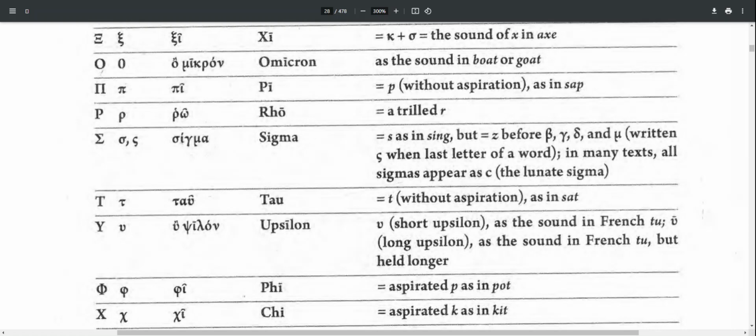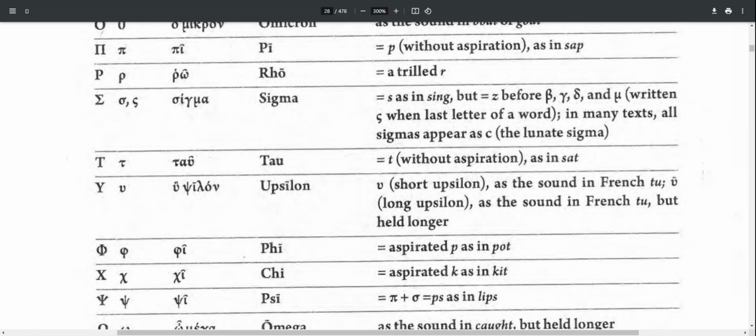So you have short U and long U, short upsilon and long upsilon. It's the same sound as tu in French, but held longer. So upsilon can be a short or long sound.